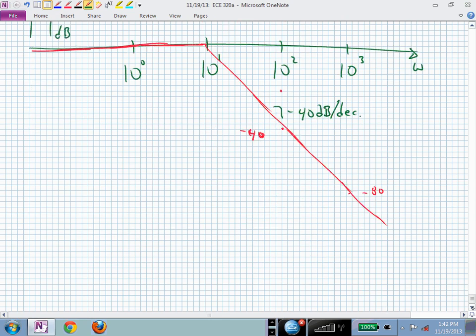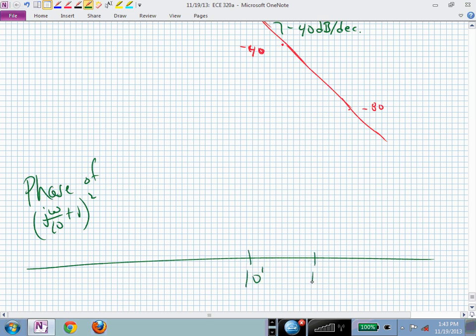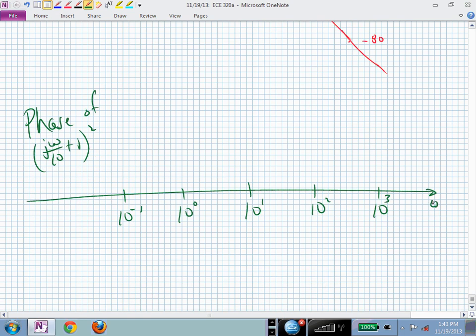What about the phase? What's our starting value of phase?